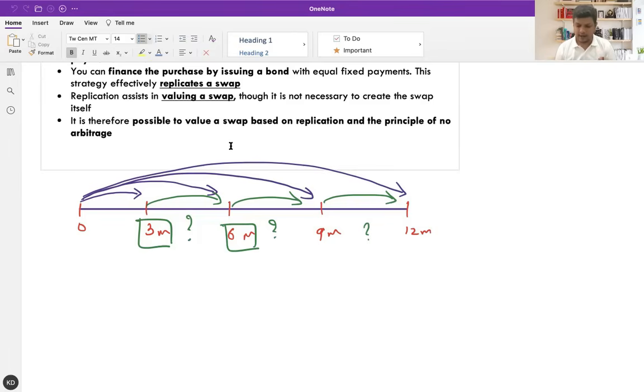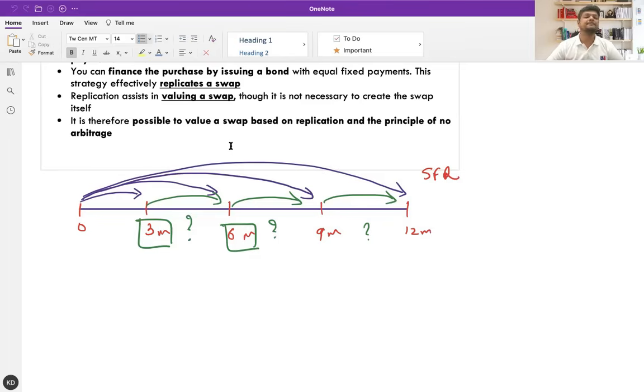Am I clear? The rate that you and I decide today to enter: let's say you will pay me floating rates, right? Against that, I will pay you a fixed rate, correct? That fixed rate is called the swap fixed rate. How must we both have agreed to this rate?